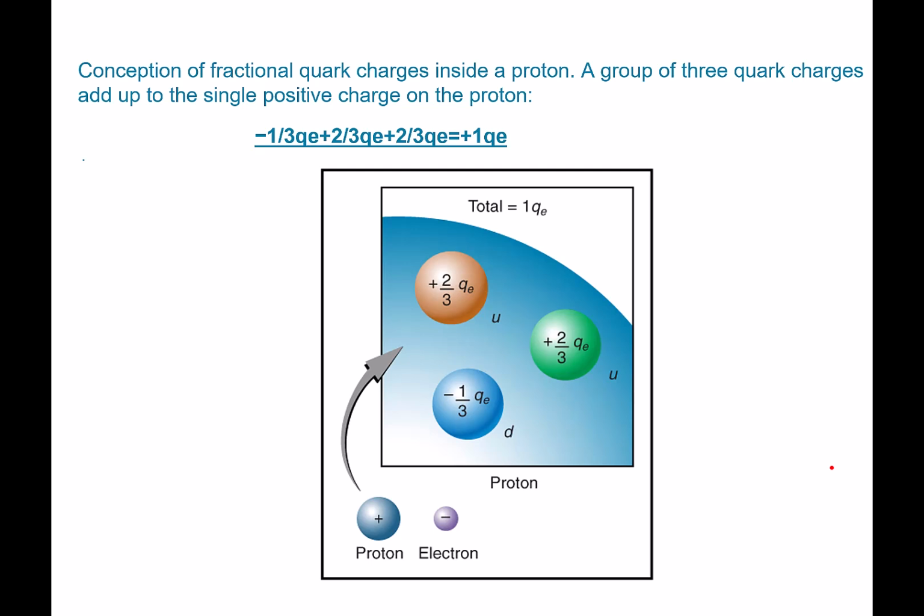So within the nucleus we have protons, and protons can be broken up, and they form quarks. The three quark charges add up to, in this example, we see how one proton charge has been broken into 3 parts: plus 2/3, plus 2/3, and minus 1/3.